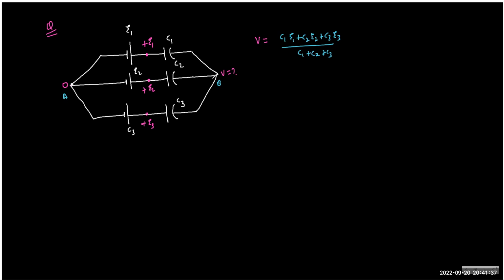Now look at question 25C. If you look at 25C, you can see something interesting: the moment you take A at 0 potential, you can find the potential of each point.